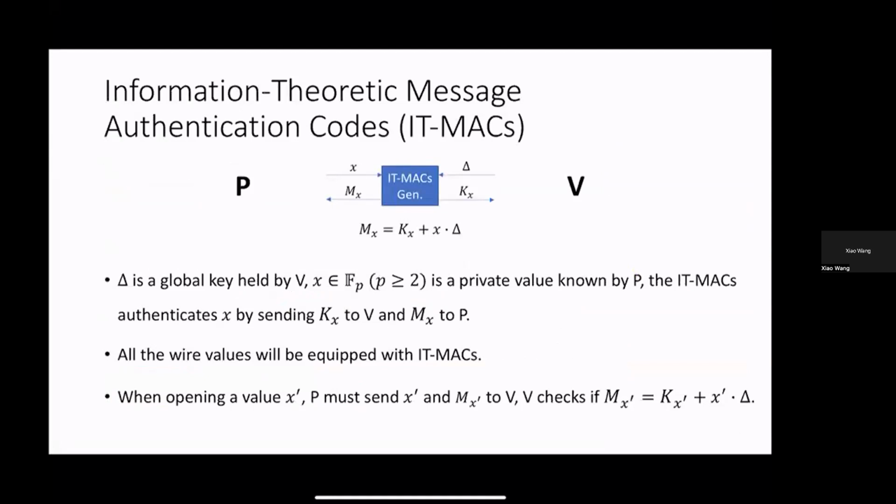As I said, this type of zero knowledge proof is interactive, and many of the building blocks that it needs are also interactive. The first one that we need is the so-called information theoretic message authentication code, which is a protocol executed between two parties.